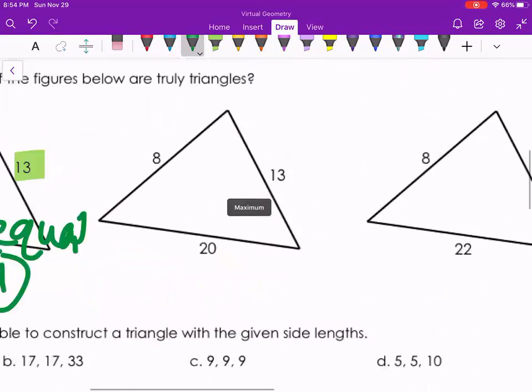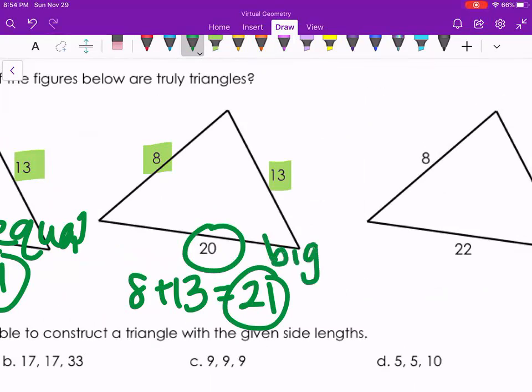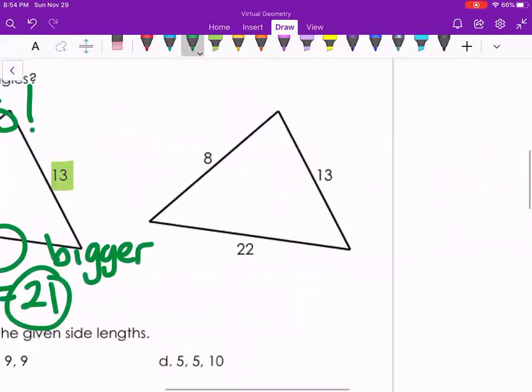Let's try the next one. Same 8, same 13. Add those together. 21. Compare that 21 to the third side. It is bigger, so there is a triangle. Let's check the last one. Same 8, same 13.